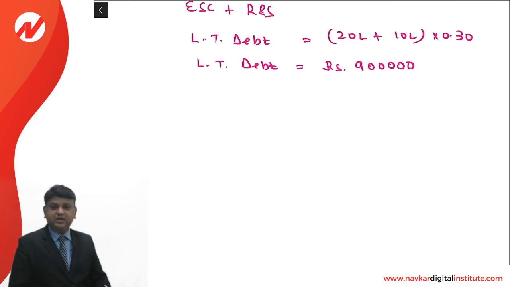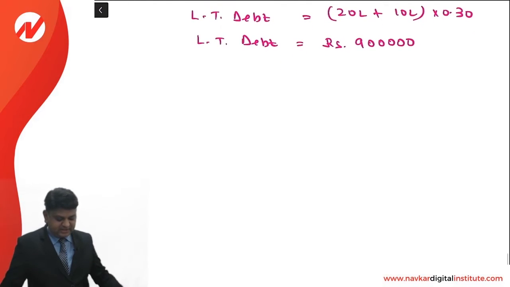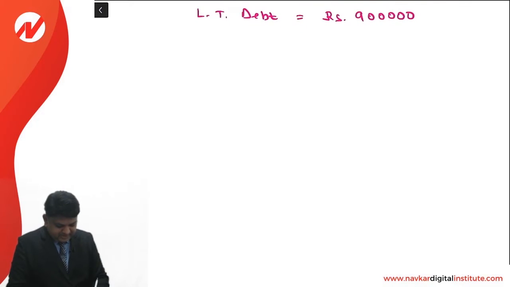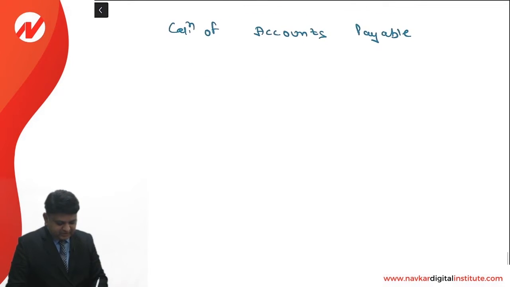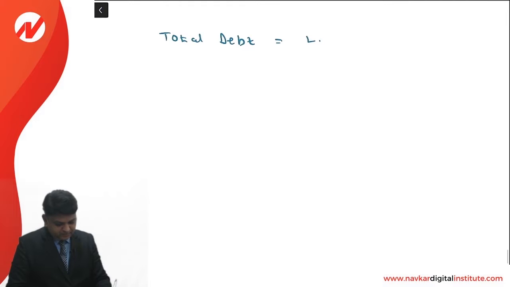Now we can compute the current liabilities, that is accounts payable, as a balancing figure. Next is calculation of accounts payable. That will be found as total debt, that is to outsiders, is equal to long-term debt plus accounts payable.